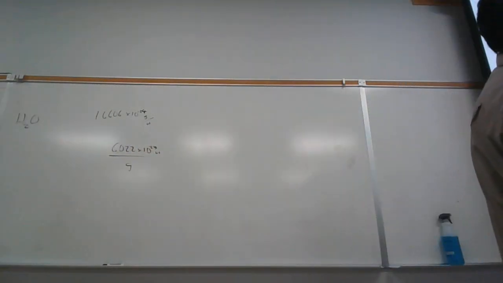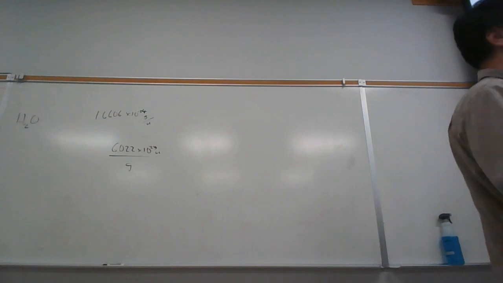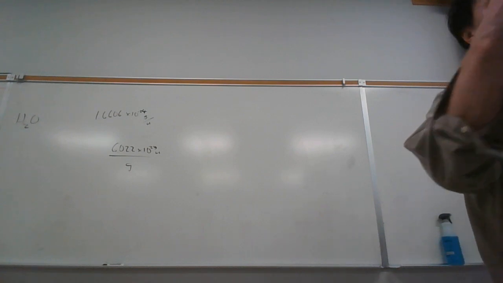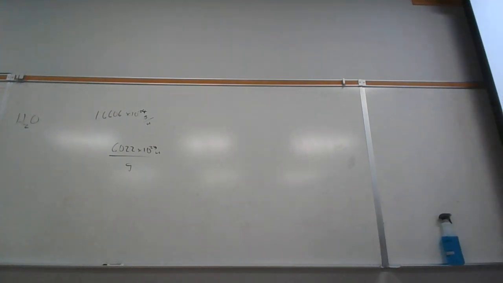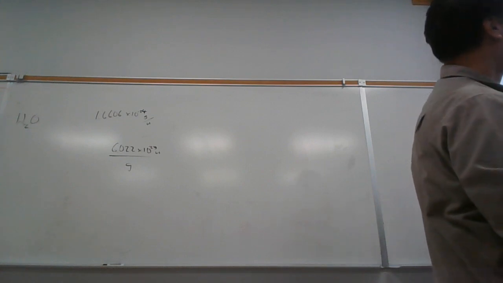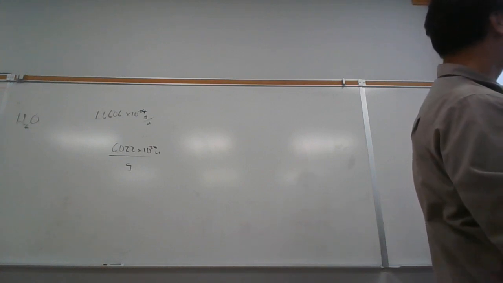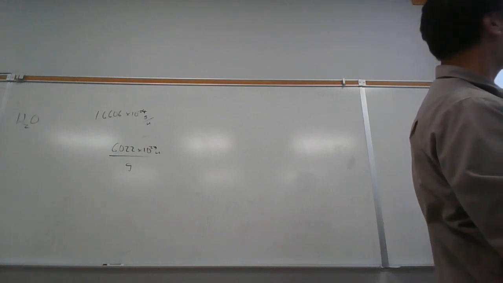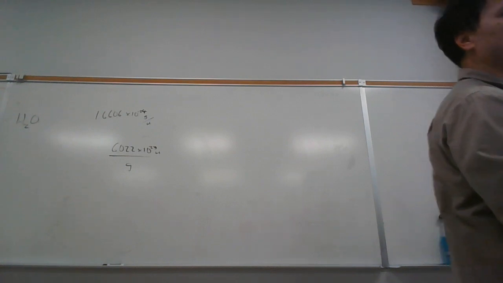And so what they do, and it's not easy to do, is collect a sample and introduce it into a machine called a GCMS, which stands for gas chromatography mass spectrometry.